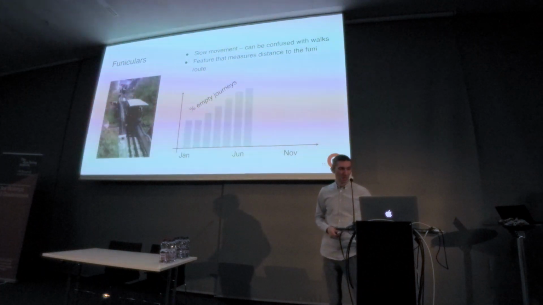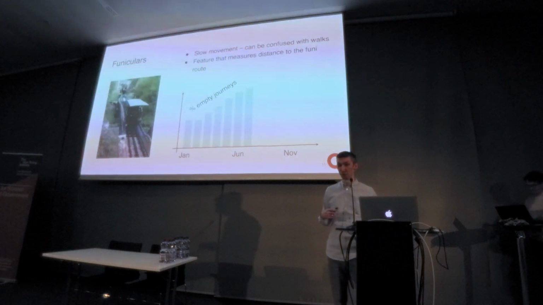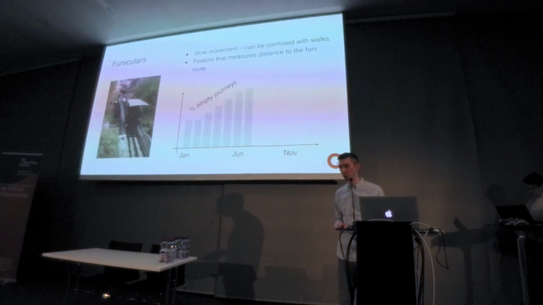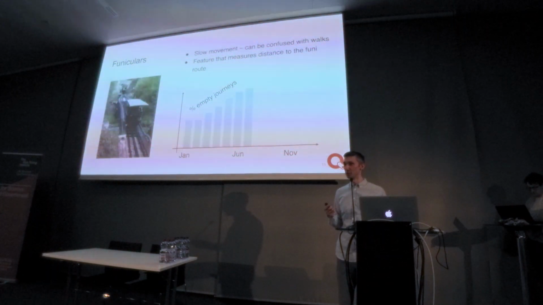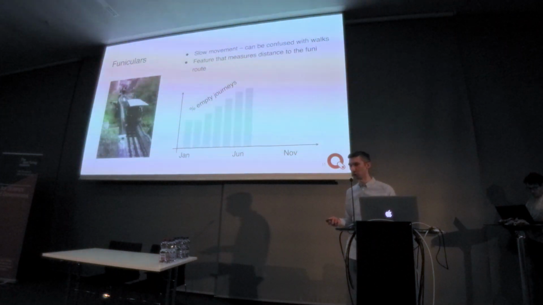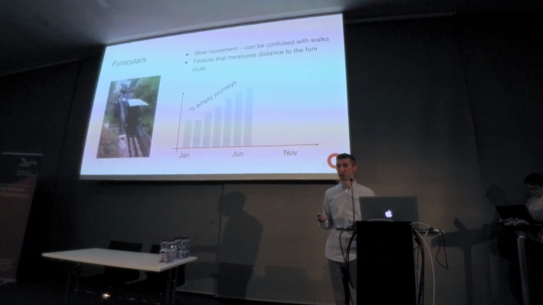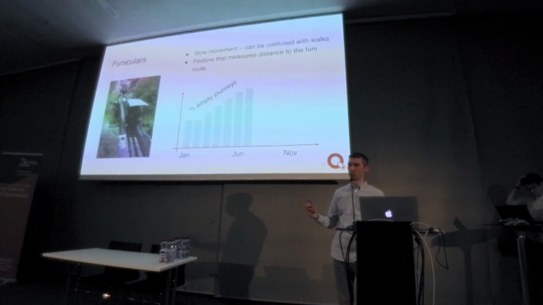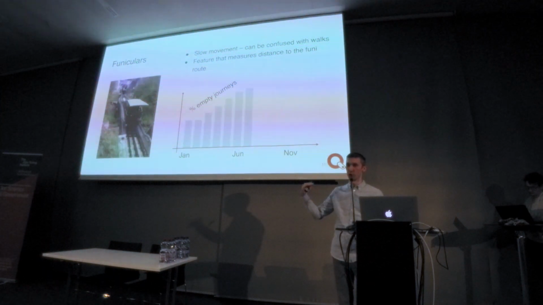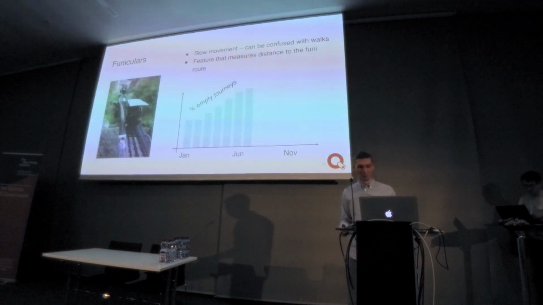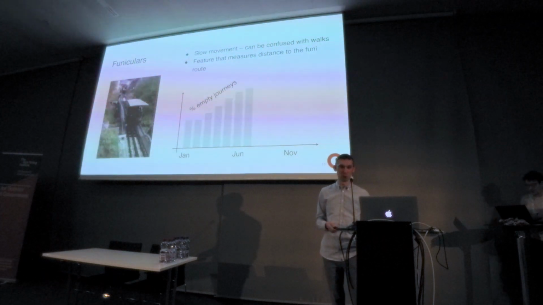And we noticed that some funicular stations got a large percentage of these journeys, and we started wondering why. The reason was that a lot of funicular journeys were predicted as non-public transport because of their low speed. The funiculars usually go up, and we measure the ground speed with latitude and longitude, so the speed was very slow.